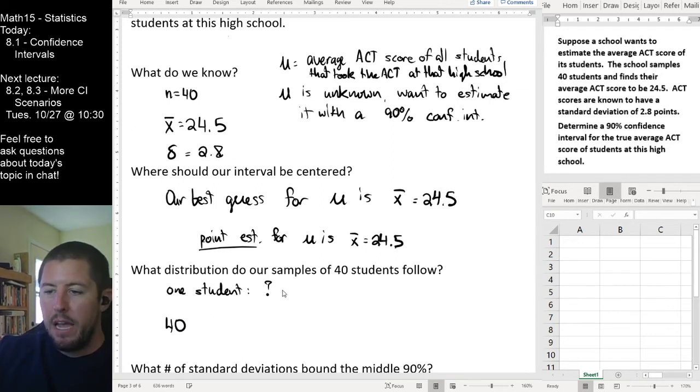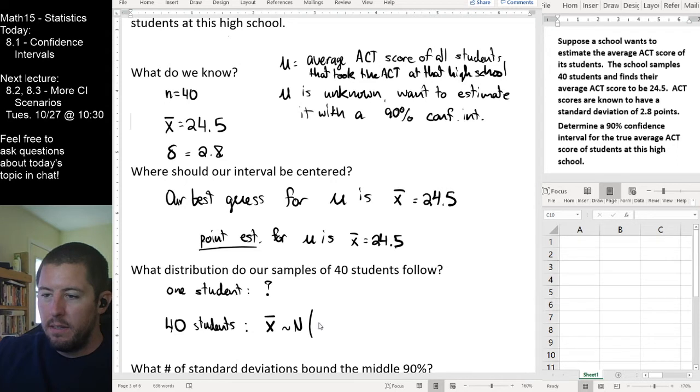So I can't even make my statement of distribution for an individual here, but I do think I know how our groups of 40 students are distributed. This should be where our sample average of 40 people is distributed normally because we have more than 30 in our sample size. Our average, we are estimating this guy right here.